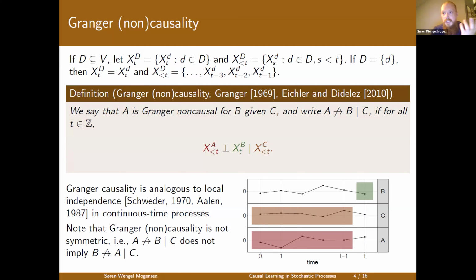And this gives me an independence relation which is not symmetric. Of course, conditional independence is symmetric in A and B, but this is not symmetric in the sense that A being Granger non-causal for B given C does not imply that B is Granger non-causal for A given C. So this is the thing I want to test from my data and then output all of the causal graphs that are in correspondence with what I observe in my data.